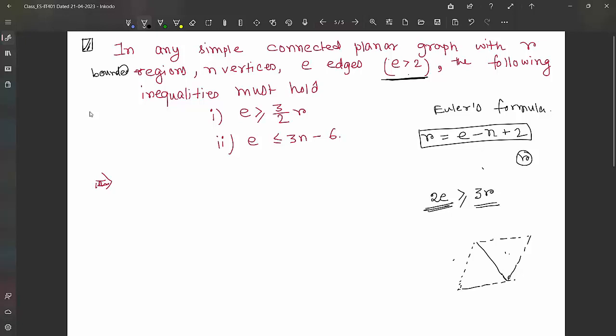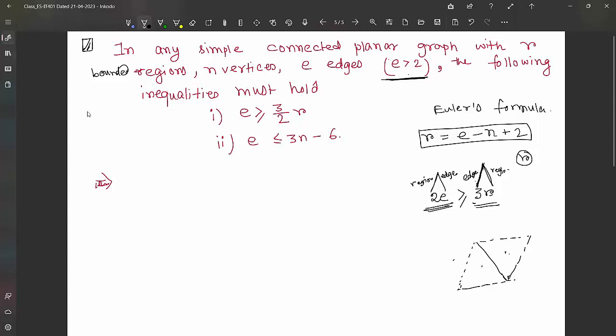So if we relate the edges and the regions, two regions are attached with one edge and one region is attached with three edges.